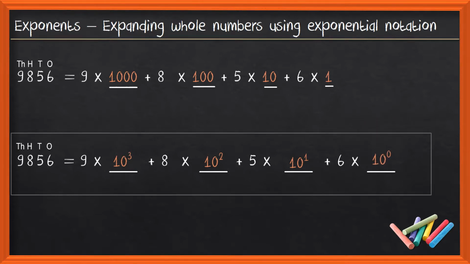Therefore, 9,856 can be written in the expanded form using exponential notation as 9 times 10 to the power of 3 plus 8 times 10 to the power of 2 plus 5 times 10 to the power of 1 plus 6 times 10 to the power of 0.